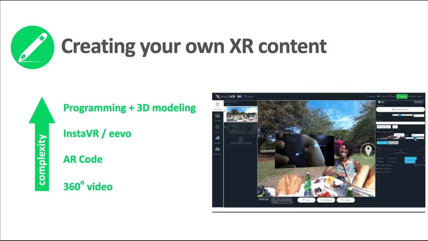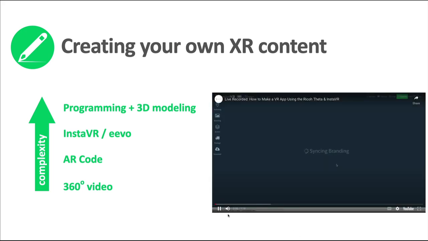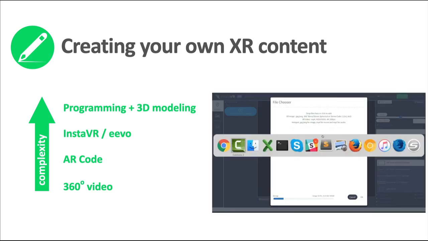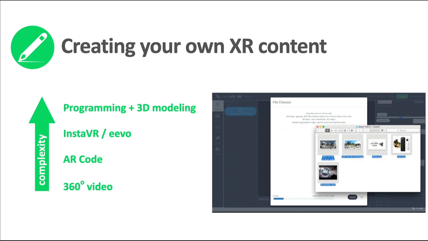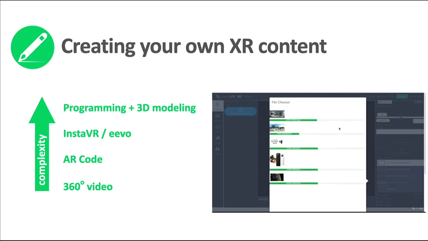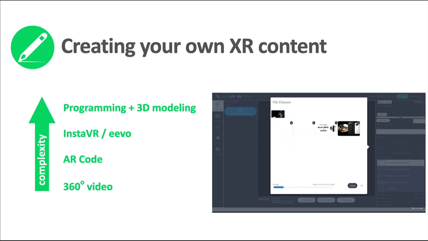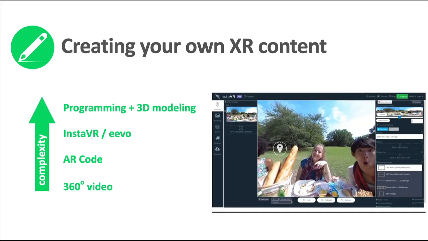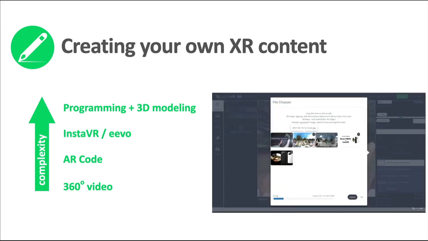When we look at platforms like InstaVR and Evo, this shows how images captured in 360 video can actually be put together and additional functionality can be added to 360 video content. So in the first example we showed, it was simply dropping the video into VR and experiencing it in VR.